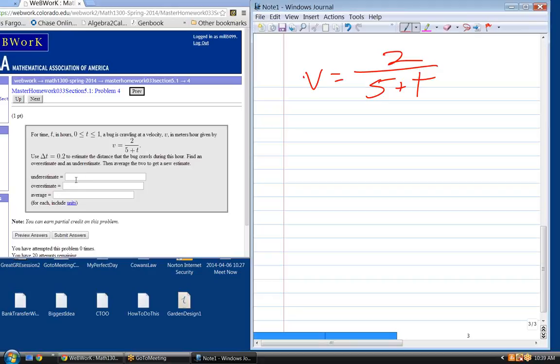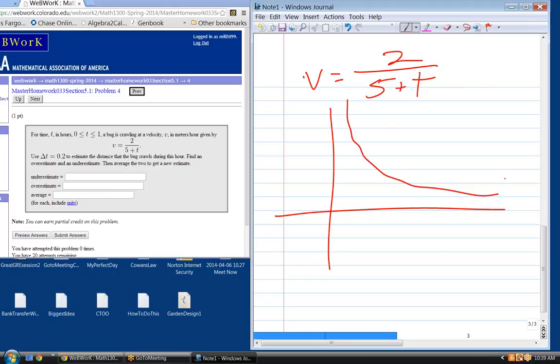But when we find both, whichever number is bigger, we'll put in the overestimate and then the underestimate. Okay, so if this graph looks hyperbolic in nature, we'll draw it like that.